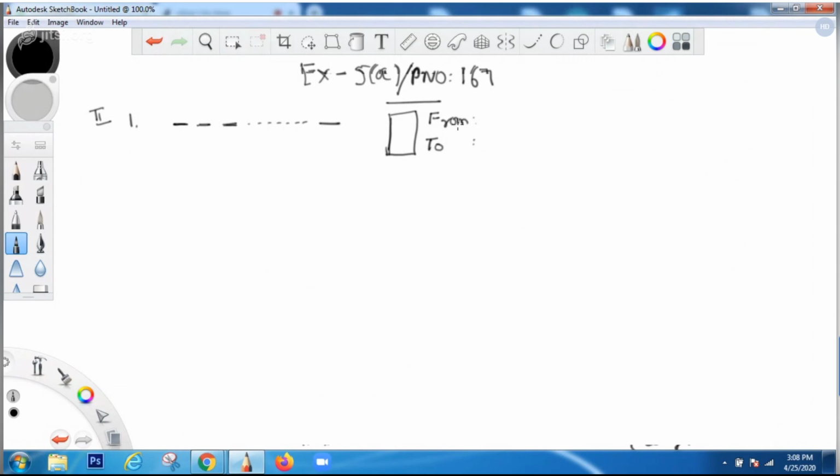When we ask for the ticket, the ticket collector prints the ticket and gives it to us. So how many places does he have to fill? From place and then to place he has to fill. Therefore, the number of places to fill is 2.